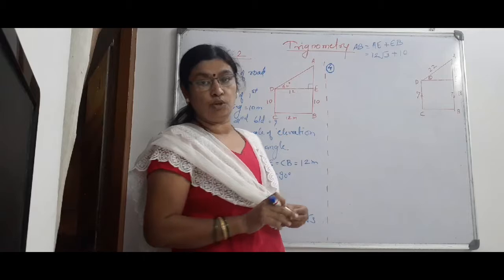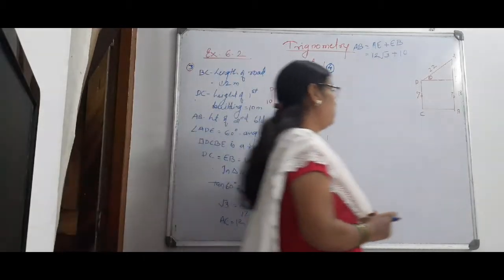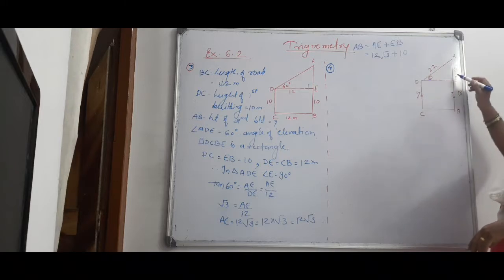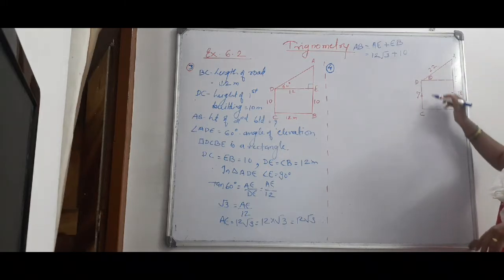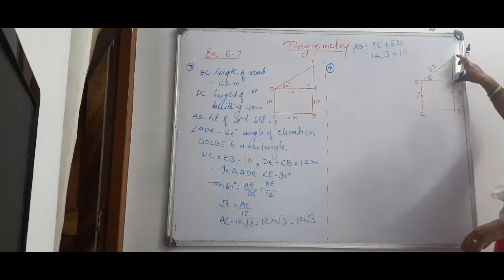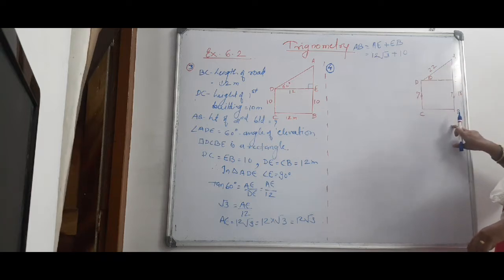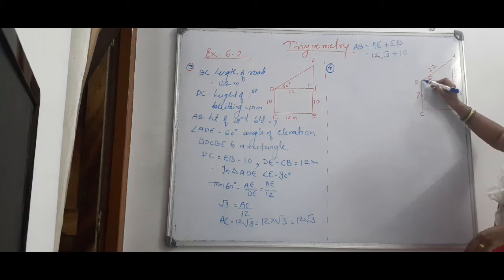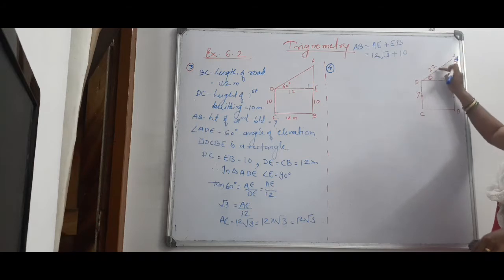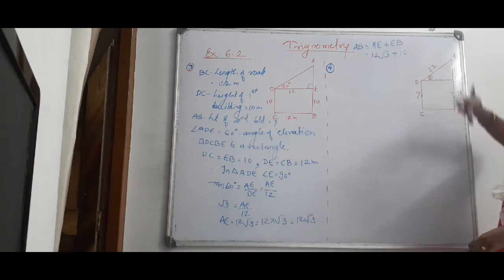Now see here, the fourth problem is of the same type. Now here what is given? Here also two buildings are given. The height of the first building is 7 meter and the height of the second building is 18. And here one string is tied from the top of both the buildings. And the length of that string is 22.